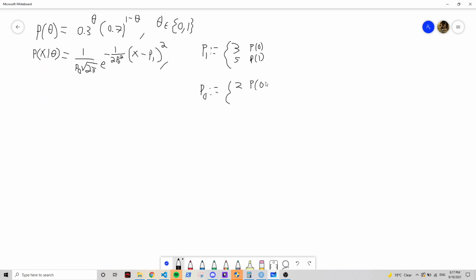So I flip a coin, and if I land on heads, then I generate a normal random variable with mean 5, variance 1.